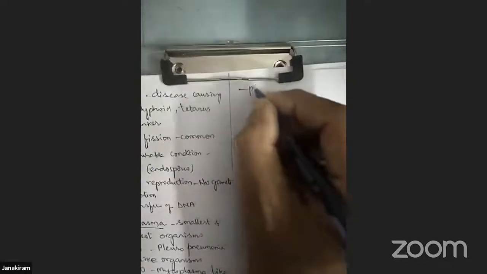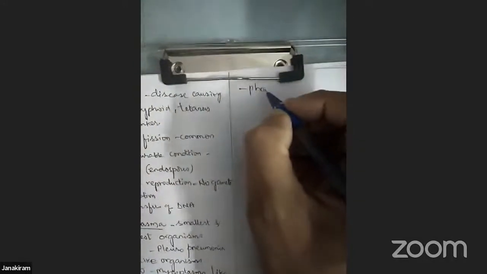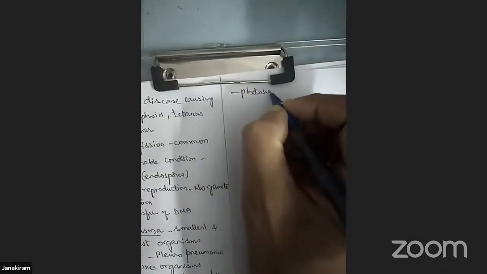Planktonic, microscopic plants are called planktons, right? And the majority of this group of chrysophytes are able to prepare their own food materials. That's why these are photosynthetic in their nature.